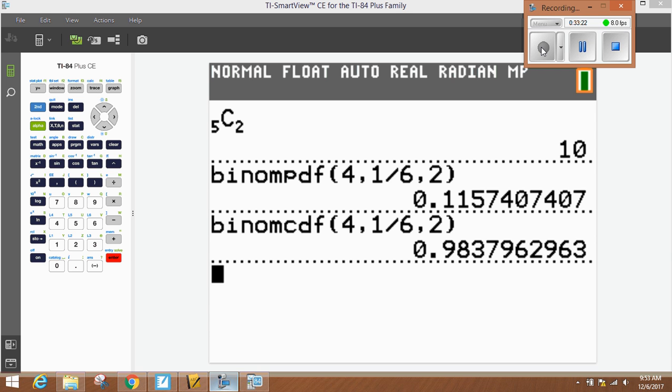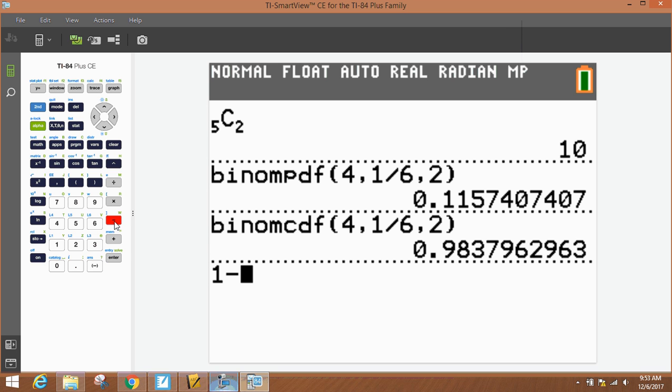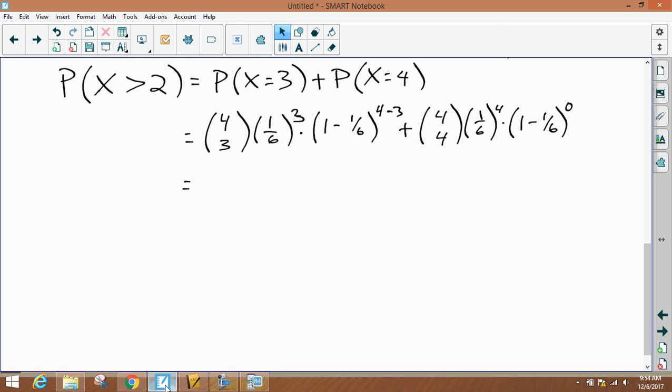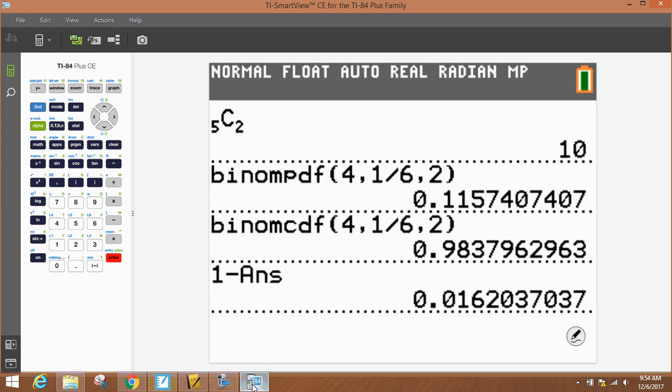So in order to find the probability that x is greater than 2, we have to use the complement rule. And that is a more correct solution. So first I'll put our result and we'll talk about what's going on with the calculator. 0.016.